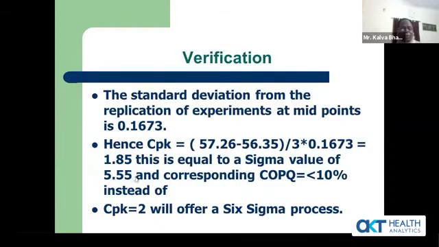And this 5.55 corresponds to less than 10% cost of poor quality, as low as 5% even. So this is how we can measure the process and improve the process as expected. And you can also verify whether we have achieved what you call a robust process or not. So all these methods are available.